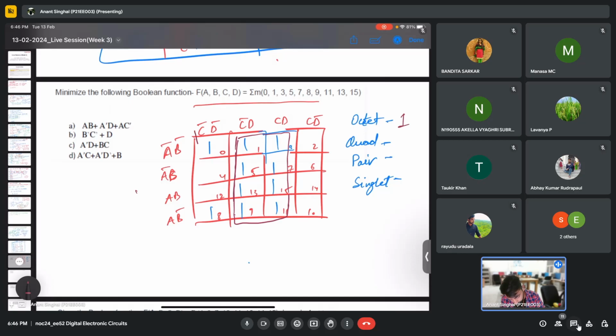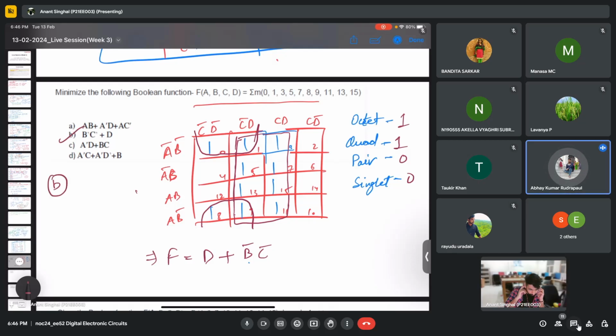So we'll try to cover it by a maximum value. So there will be one quad, and there will be no pairs and singlets. So let's quickly find the answer here. This will be D and this will be D, and this particular thing will be B complement, and this will be C complement. And yeah, so option B is this.